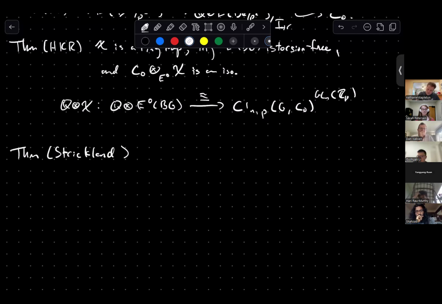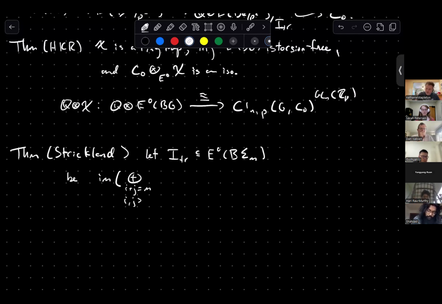He showed that if we let I_transfer, contained in the E-cohomology of BΣ_m, be the image of the transfer maps over i plus j equals m, with i and j greater than 0, of the transfer from Σ_i times Σ_j to Σ_m.